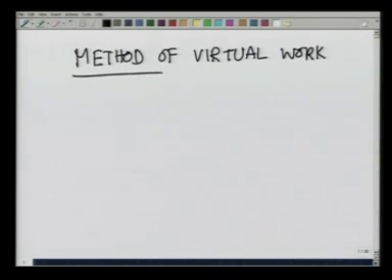To motivate this, let us recall how we dealt with equilibrium of systems such as particles, trusses, and so on.